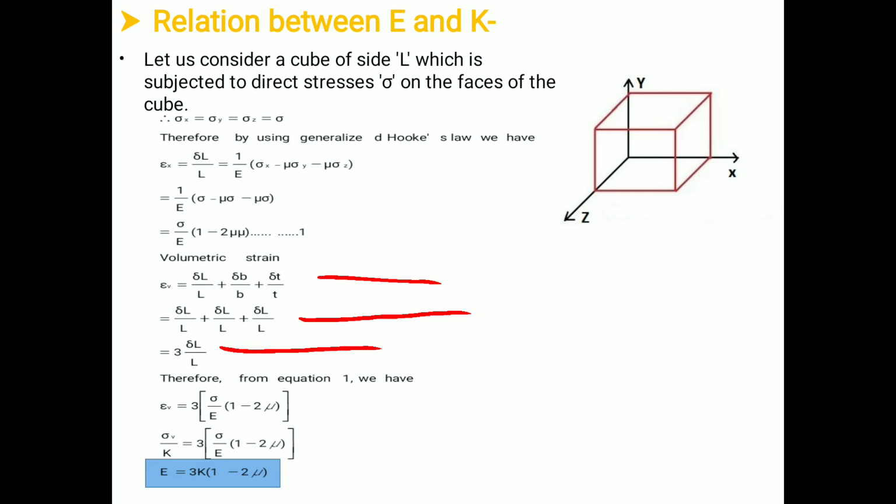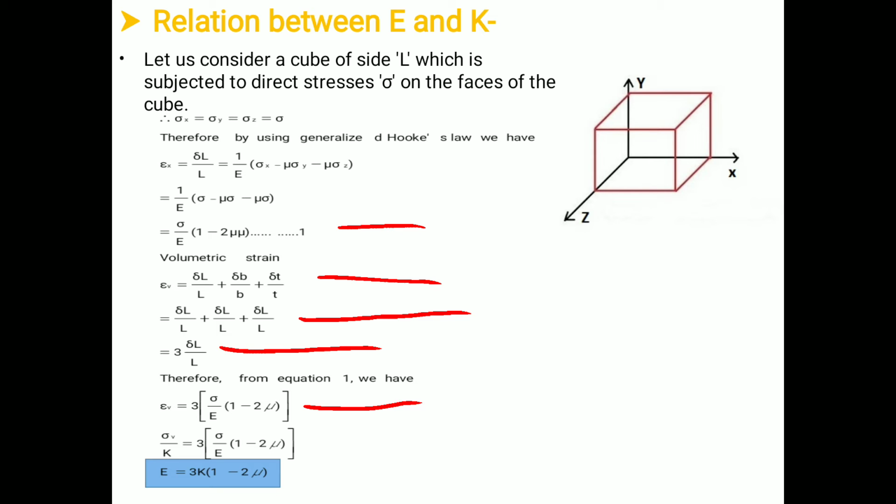If I put the value of delta L upon L, which I derived for epsilon x from equation 1, I have epsilon v, the volumetric strain, equal to 3 into bracket sigma upon E into bracket 1 minus twice mu.